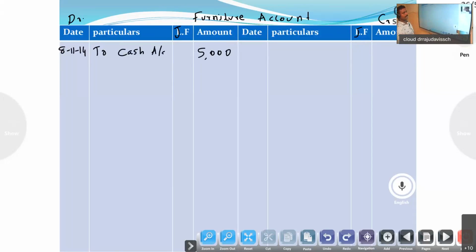Any other furniture? No furniture. Okay. So furniture account to cash over. Next, Harish account to cash.